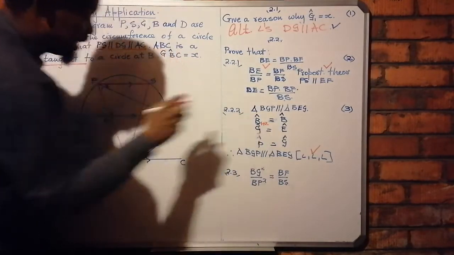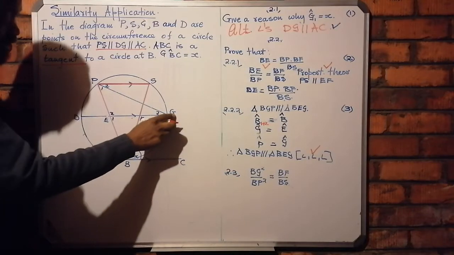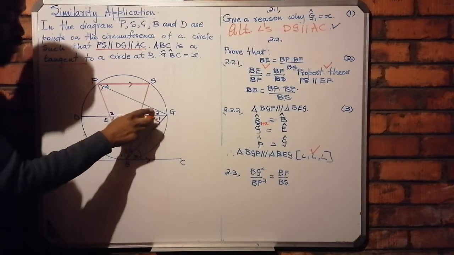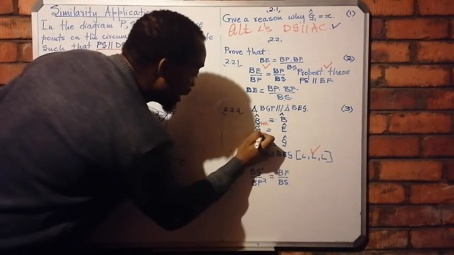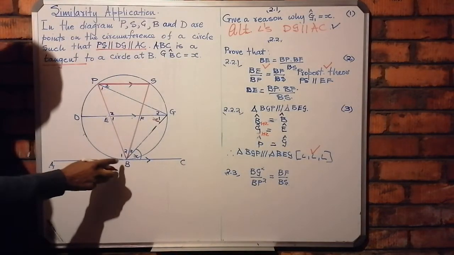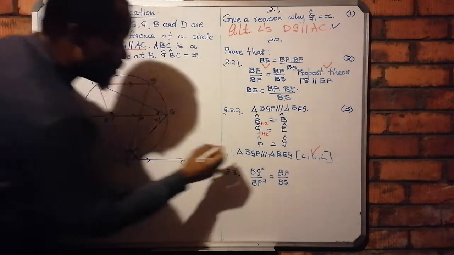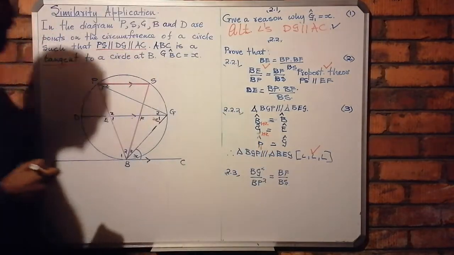Which angle G are we talking about? Triangle BGP. I'm talking about G1 plus G2. Which angle P? Triangle BGP. I'm talking about angle P1.